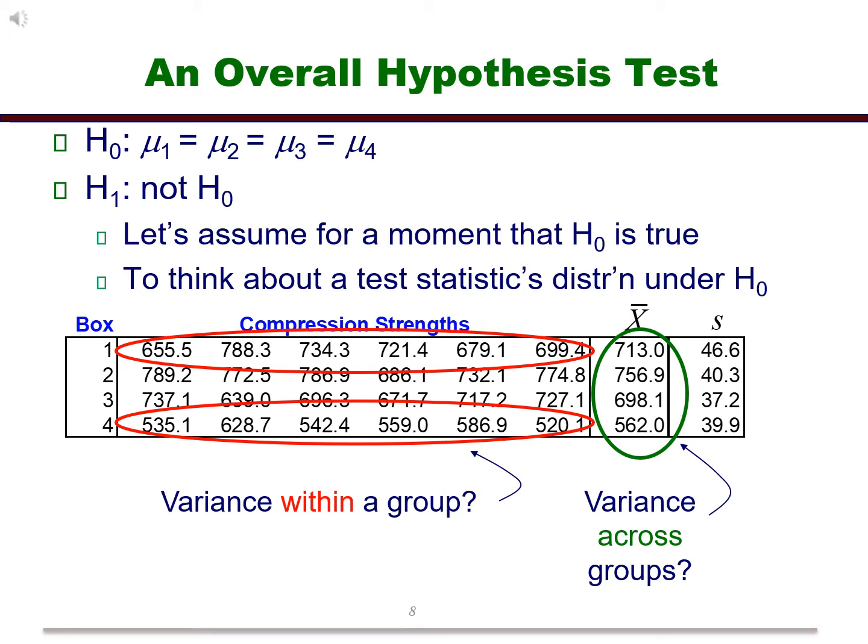This slide illustrates 2 types of variability in our data. First, we have the red circles, which illustrate the variance within each group. Secondly, the green circle, which represents the variability across the groups. But if the null hypothesis is true, then these 2 variances are related to one another.